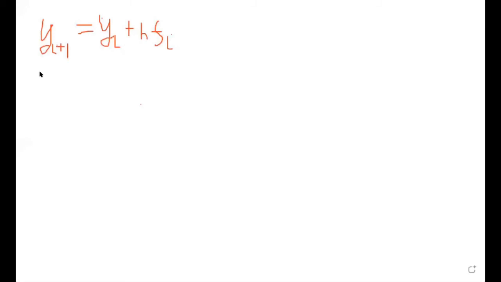So y i plus 1 in the second case is equal to y i plus h times f at x i plus 1 and y i plus 1.